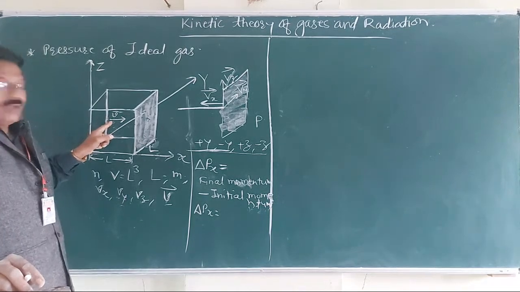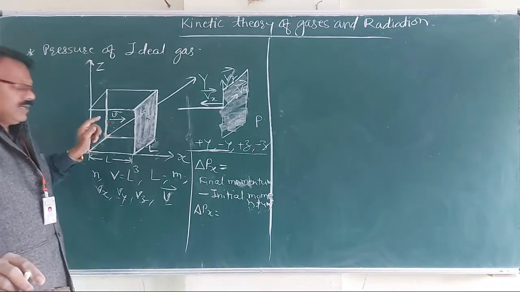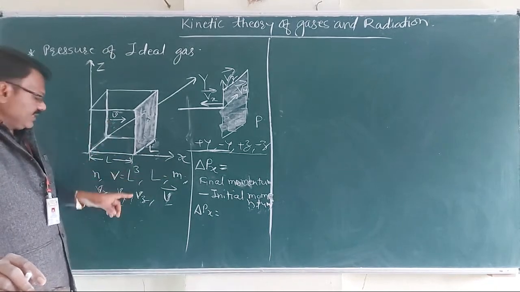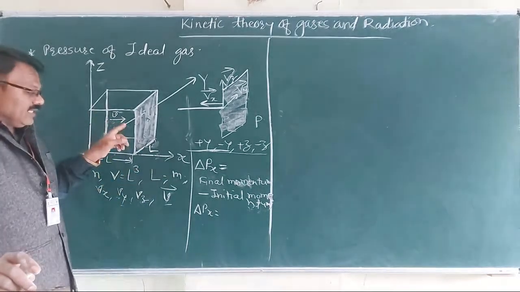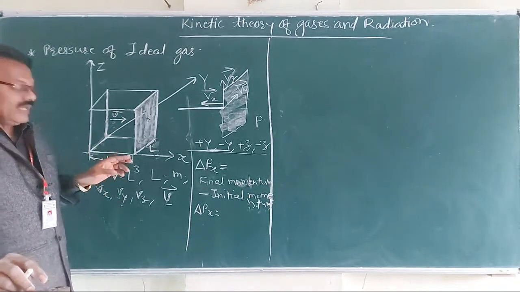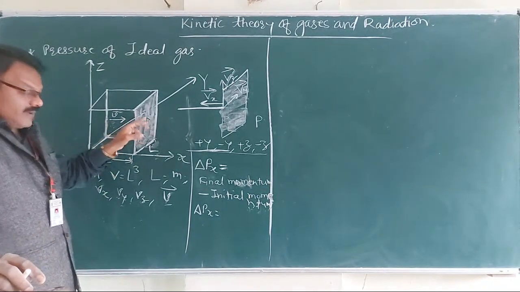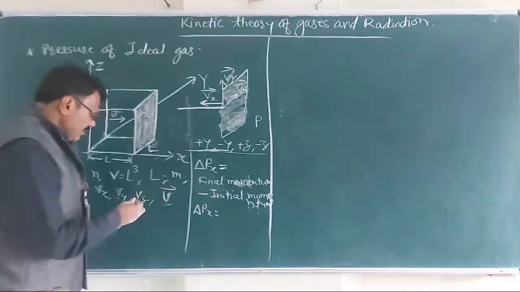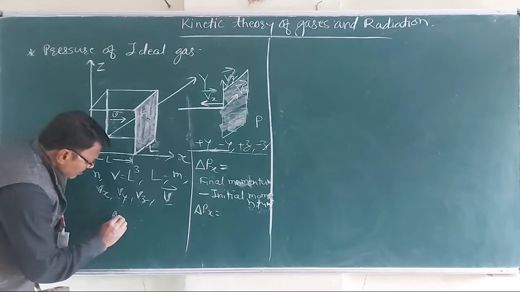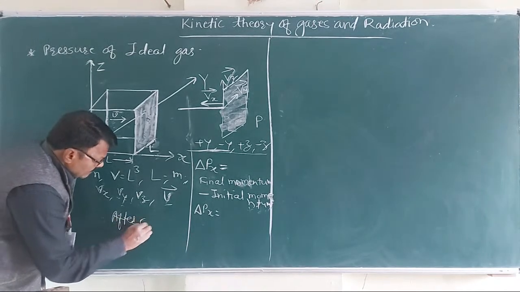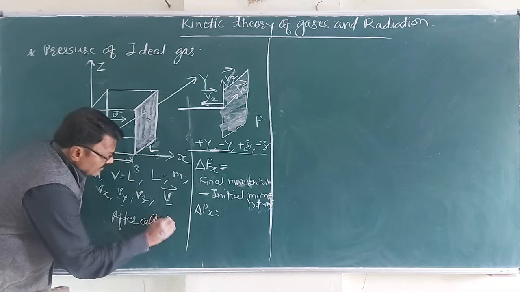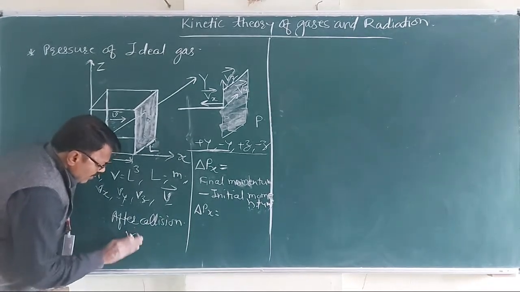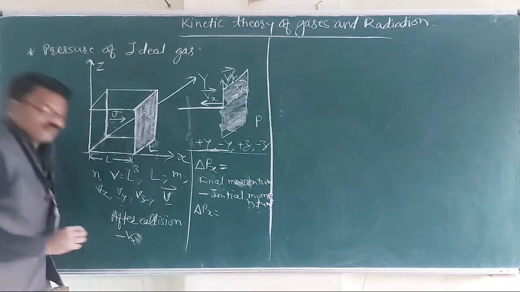Now initially when it is starting, m is the mass and vx is the velocity. Therefore initial momentum is m vx, and final momentum after collision, its velocity is reversed. Its velocity becomes minus vx.